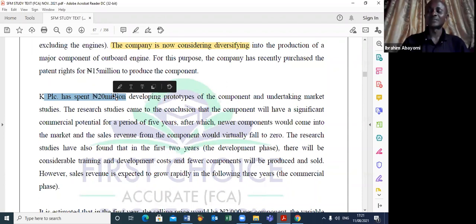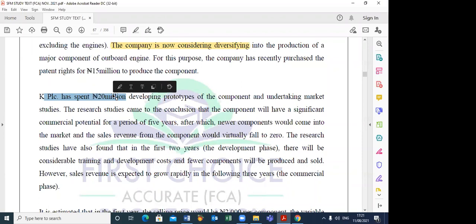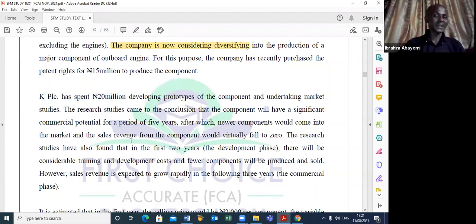Why is it irrelevant? It's been spent. Exactly. Because it has already been spent. That's the principle. Perfect. The money has been spent in the past, so it is no longer relevant.